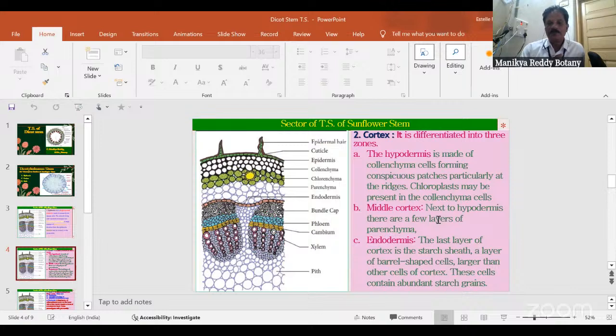It is made up of few layers of cells. Generally, the cells are parenchymatous. Rarely they may contain chloroplast. Hypodermis provides mechanical support, since parenchyma is a living mechanical tissue.